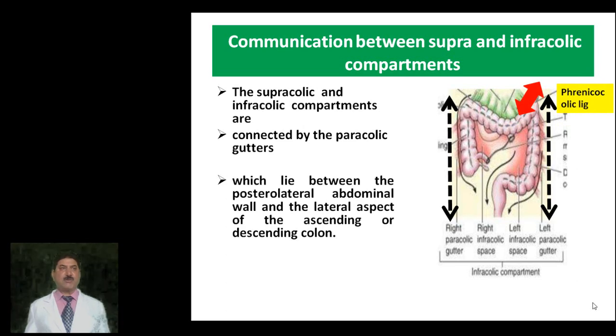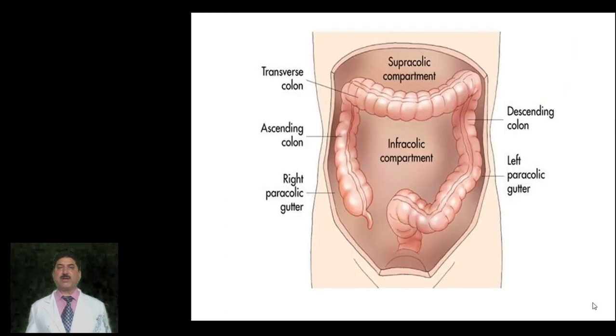Infections cannot go from infracolic to supracolic compartment through the left lateral paracolic gutter due to the presence of the phrenicocolic ligament. Phrenicocolic ligament, in addition to supporting the spleen, prevents the spread of infection from infracolic to supracolic compartment.